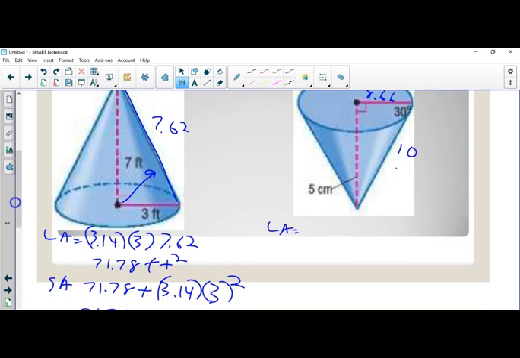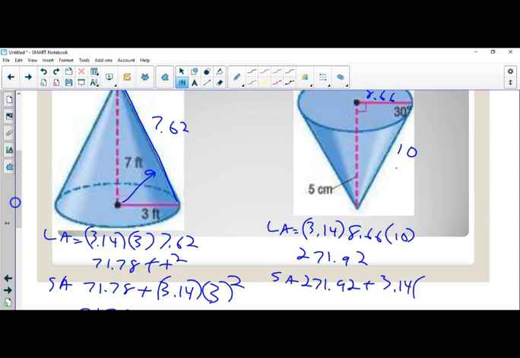So lateral area is pi times the radius times the slant height, which is 10. So 3.14 times 8.66 times 10 is 271.92. The surface area is going to be that number plus pi r squared.